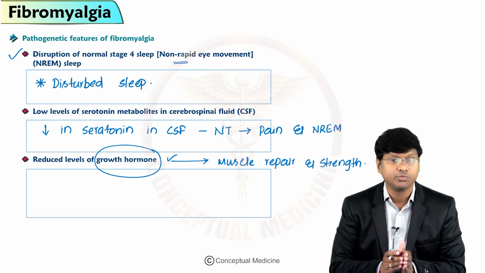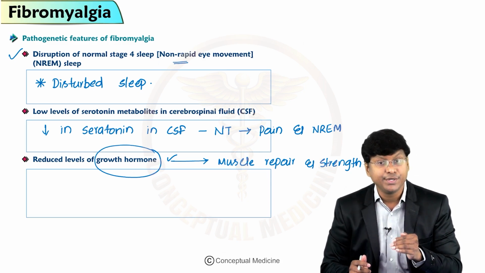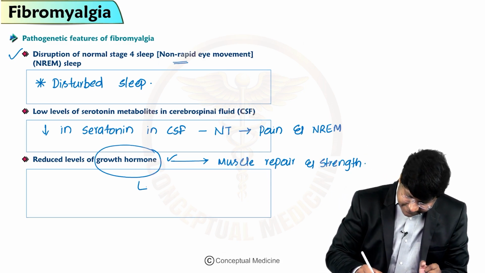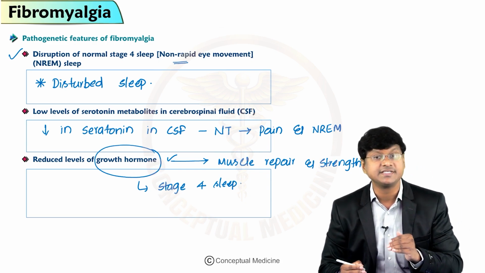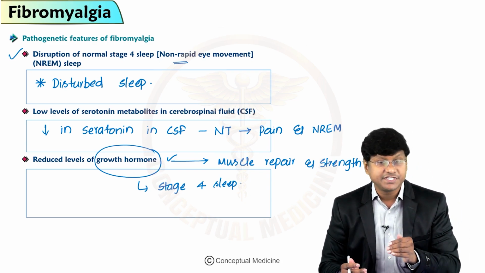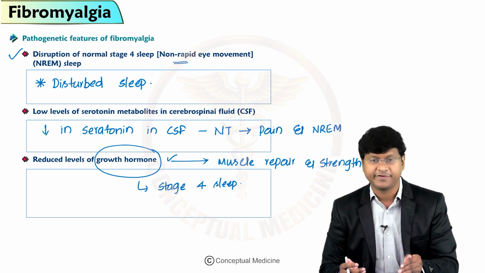And this growth hormone is secreted normally during stage 4 sleep, which is disturbed in patients with fibromyalgia.